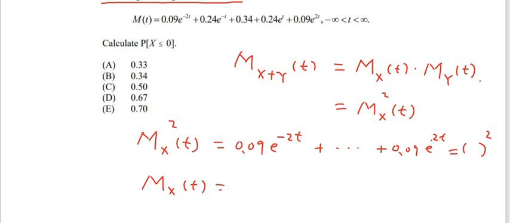So we find this M_X(t) is like this is 0.3 e^(-t), and the last one is 0.3 e^t. Then plus a constant, 0.4. So we find this.